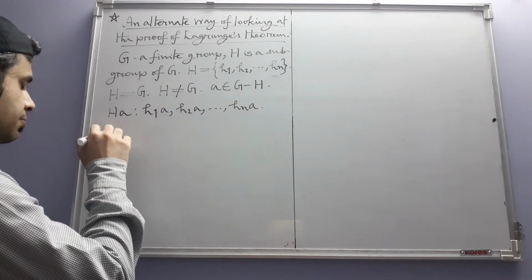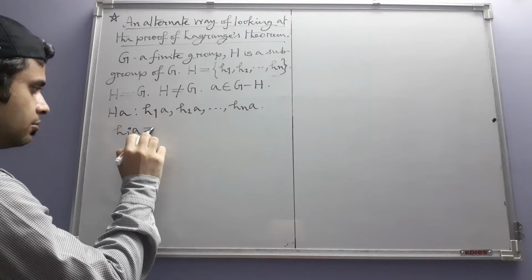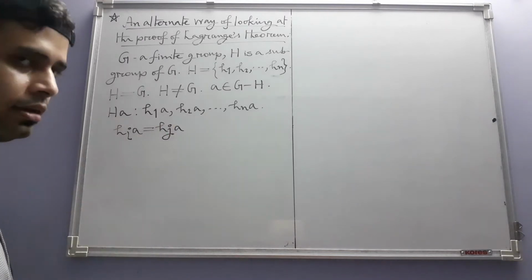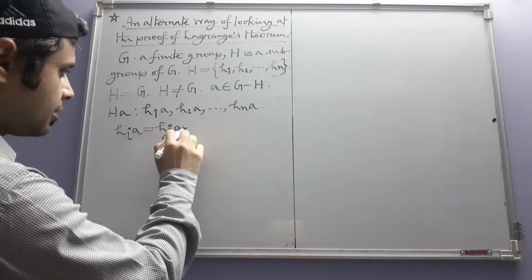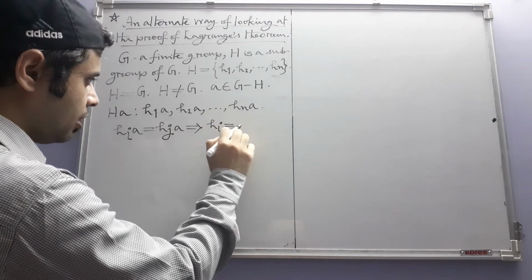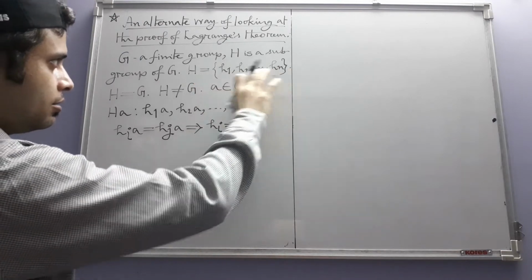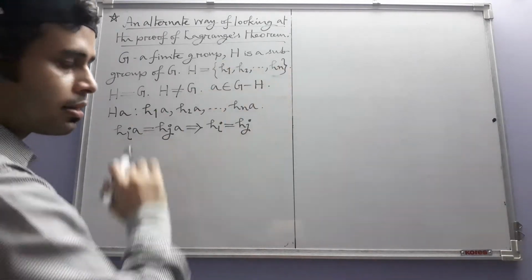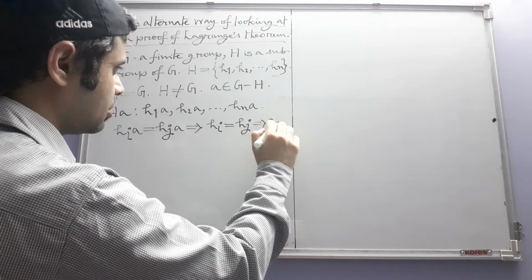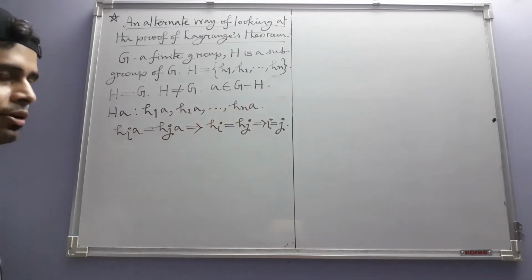Because if some HIA is equal to some HJA, then using the right cancellation law, we will have HI equal to HJ, and because the H's here are all distinct, this implies I has to be equal to J. So two different elements here cannot be equal.